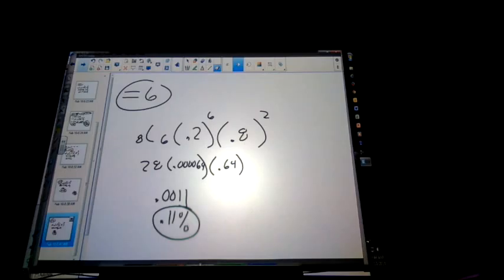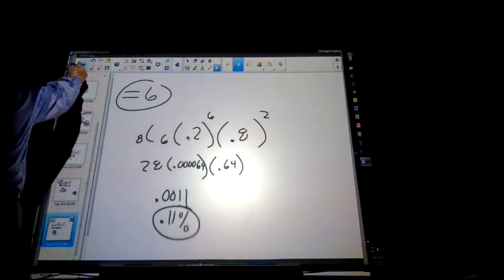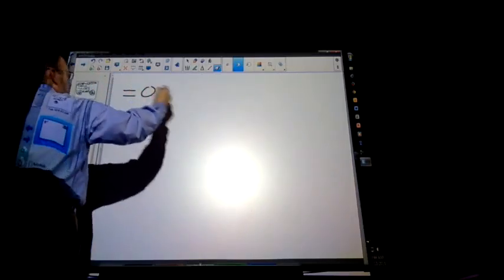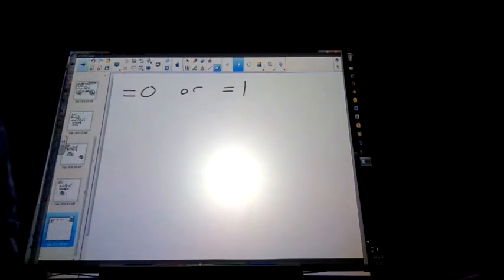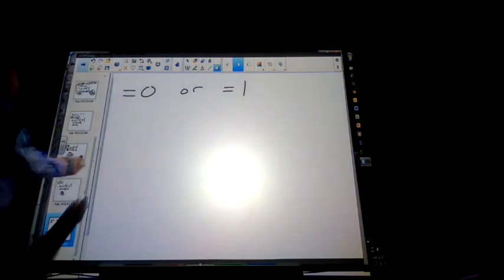You get either 0 or 1 correct. You get none of them right, or you get 1 right. Probability of 0 and the probability of 1. Okay?